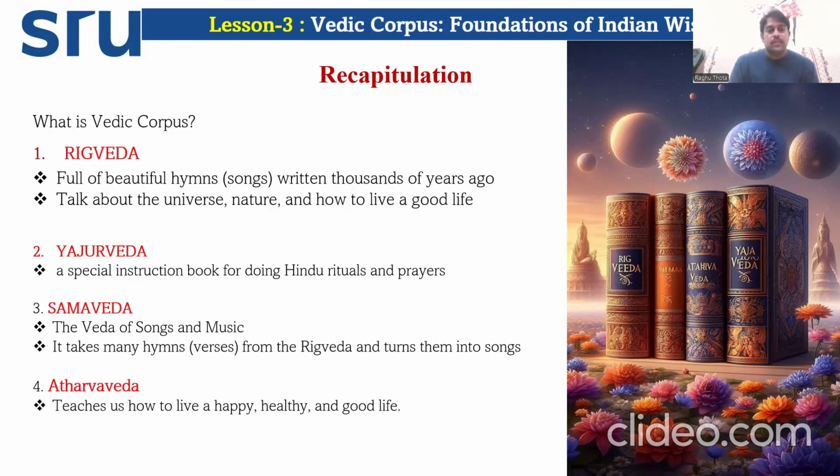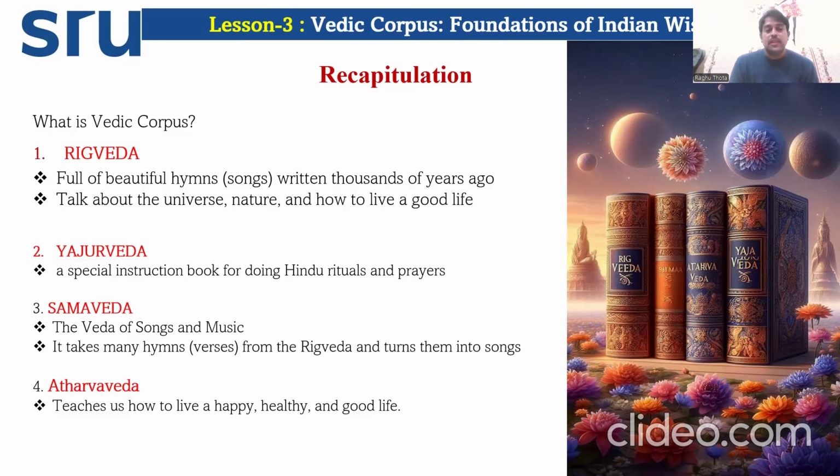What is Rig Veda? Rig Veda is the book of hymns or songs which were written thousands of years ago. It is a book of lyrical songs and it talks about the universe, nature, and how to lead a good life in ancient times. That is in brief about Rig Veda.